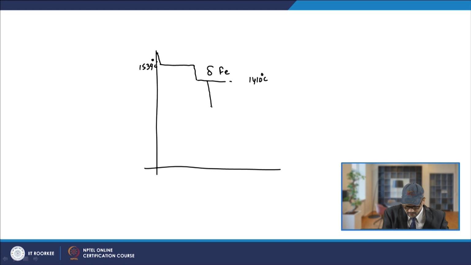So here you are getting gamma iron. We know that gamma iron has the FCC structure, while delta has the BCC structure. This temperature is about 910 degree centigrade.